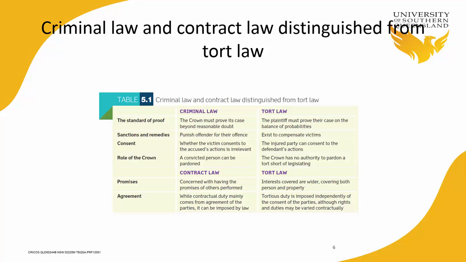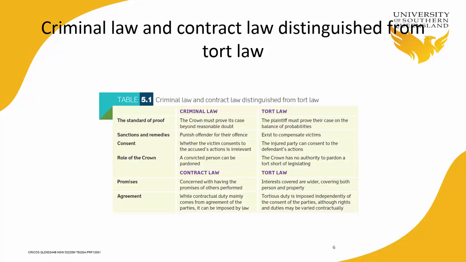The first dimension that we want to look at is the standard of proof. What does that mean? So this is the level of evidence, the quality of evidence that you have to establish in order for you to make or to prove the cause of action against the defendant.